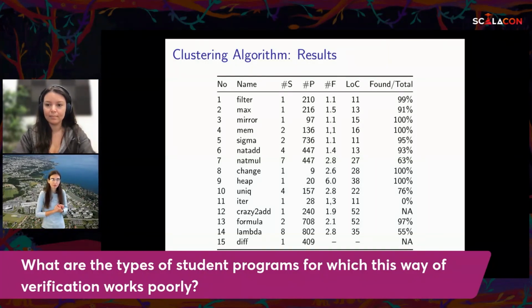So the thing is, many students would introduce helper functions that were not really planned, let's say, from the exercise. So they would implement some operations that the reference solution would not even think about. So what happens is that you have some functions that do some stuff that none of the functions from the reference solutions do. So you can never match them, you can never prove them equivalent, and so you can never prove the actual program.